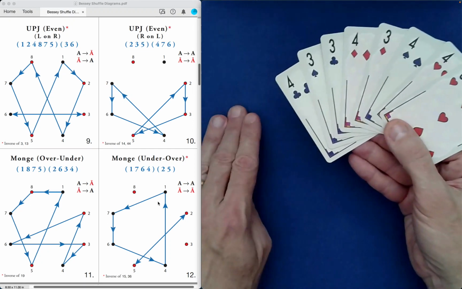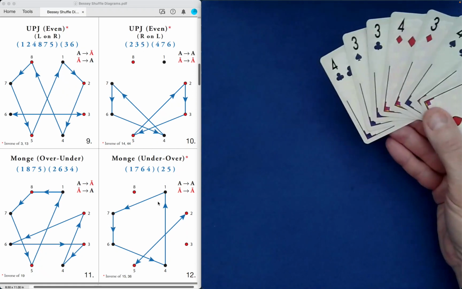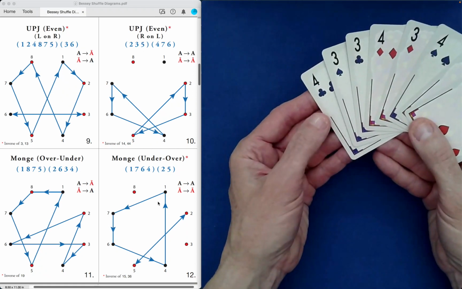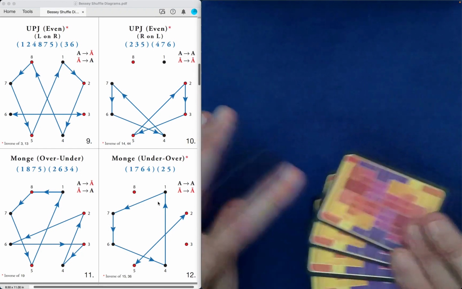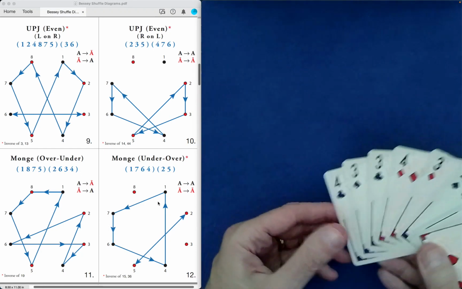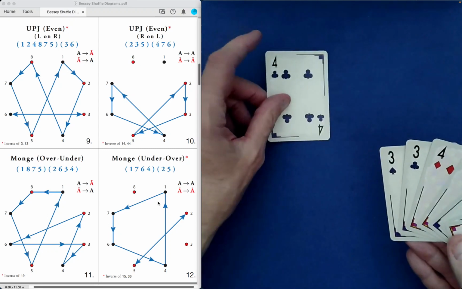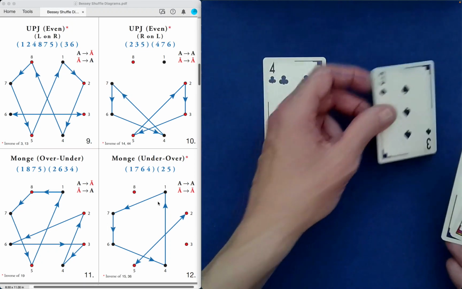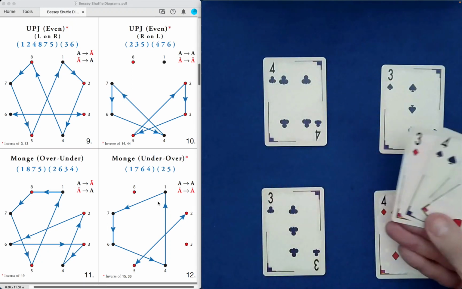When I dealt it out into 4 piles, what is that going to do? Why don't we just do it face up? This is the top card, and I'm going to deal it face up so you can see it. Pile 1, pile 2, pile 3, pile 4.